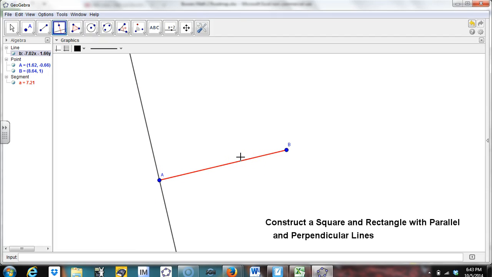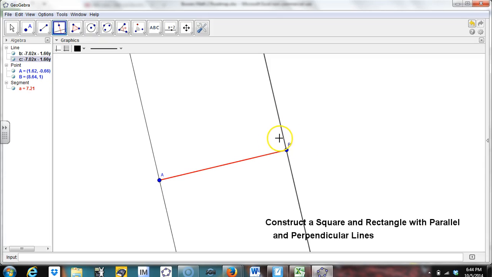The other way of using it is clicking on the line that I want to be perpendicular to, and GeoGebra is just waiting for me to put a point down. So now I'm going to click on the other point B. Now I have two perpendicular lines, so these angles here are 90 degrees, 90 degrees. Think of our two lines cut by a transversal, the segment.